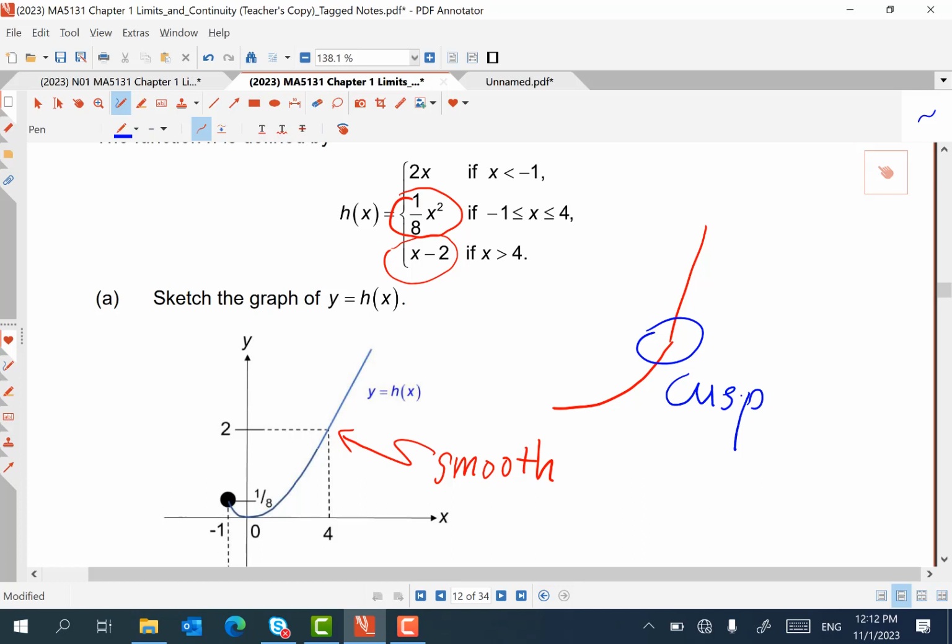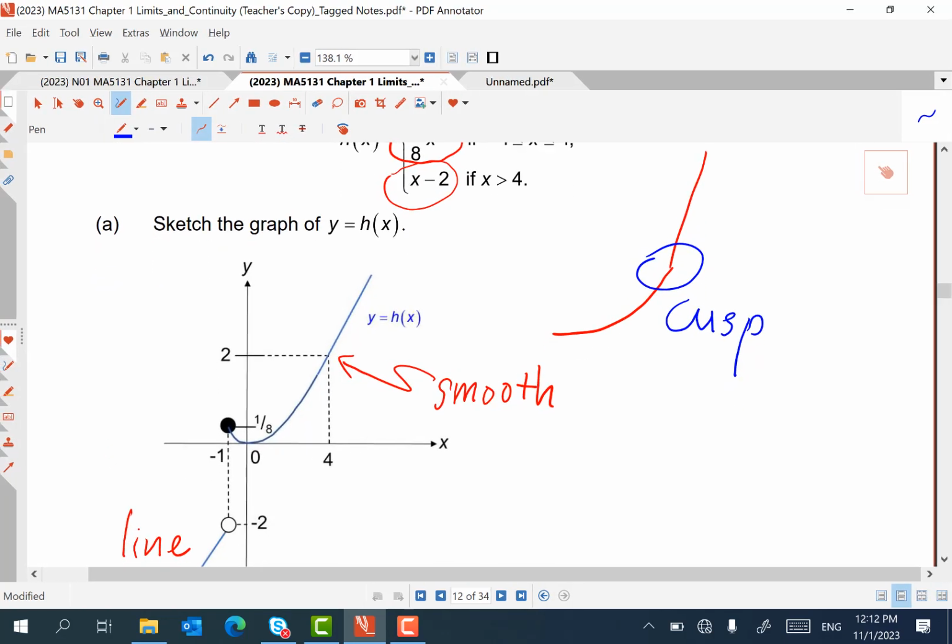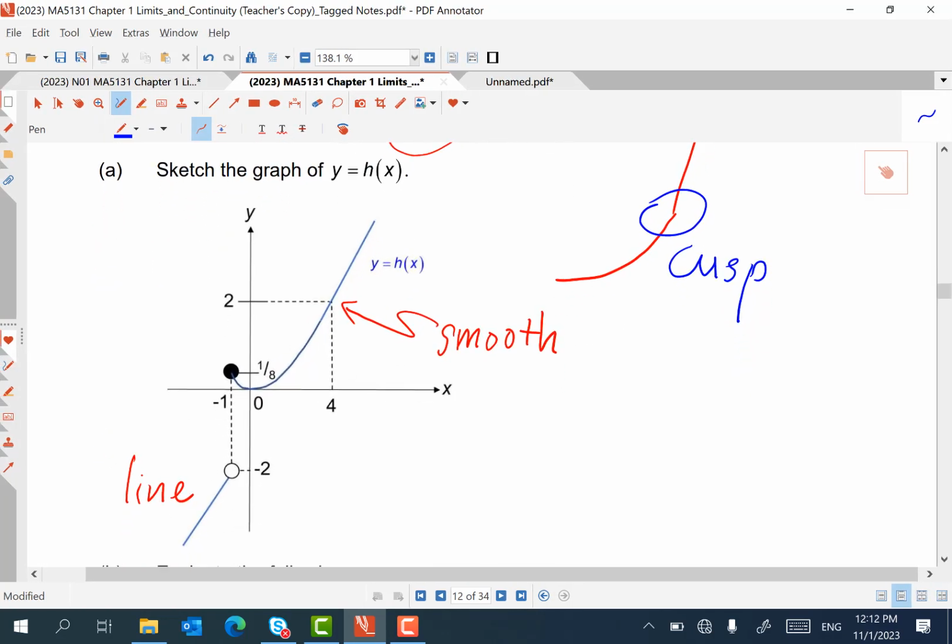All right, so in this case, it is actually smooth. We have verified together. That means they join nicely. Like this one, there's a sharp corner, right? They didn't join nicely. There's a corner.